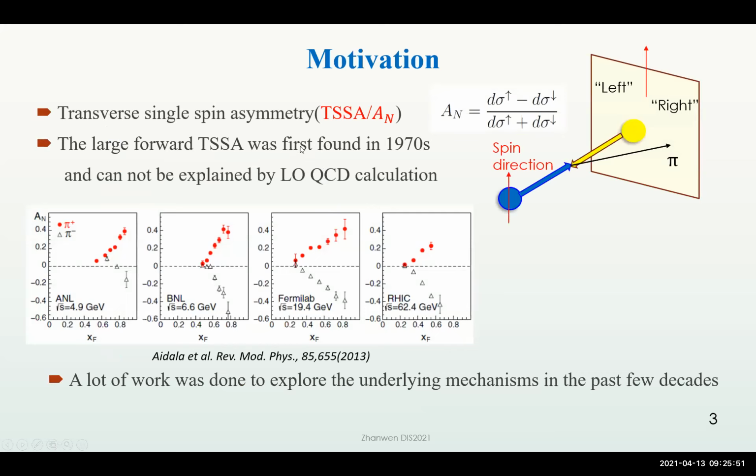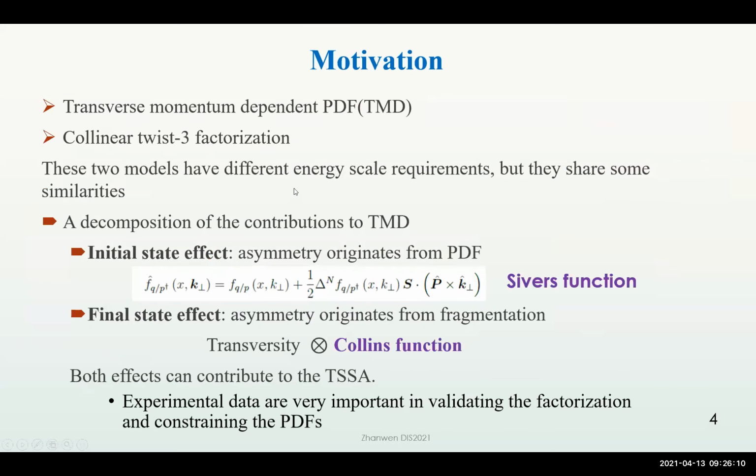First, we have discovered the transverse single spin asymmetry for a very long time. We did all kinds of experiments to repeat this phenomenon, and we keep doing this. After years, we developed some theoretical frameworks to explain this phenomenon.